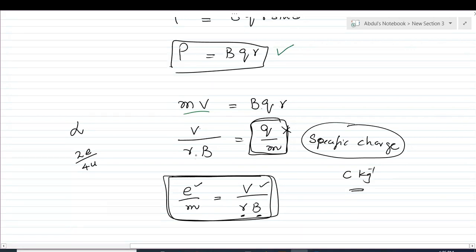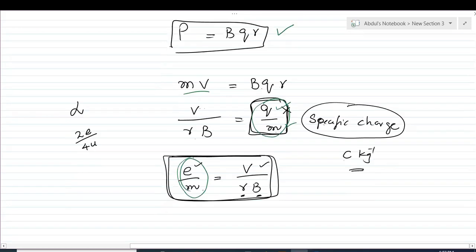So V over RB is Q by M. If we use the same charged particle in all atoms, then the charge is constant, M is constant, so V over RB is constant. This is also called the charge to mass ratio, meaning the specific charge, measured in coulomb per kg. So the specific charge Q by M is V over RB.